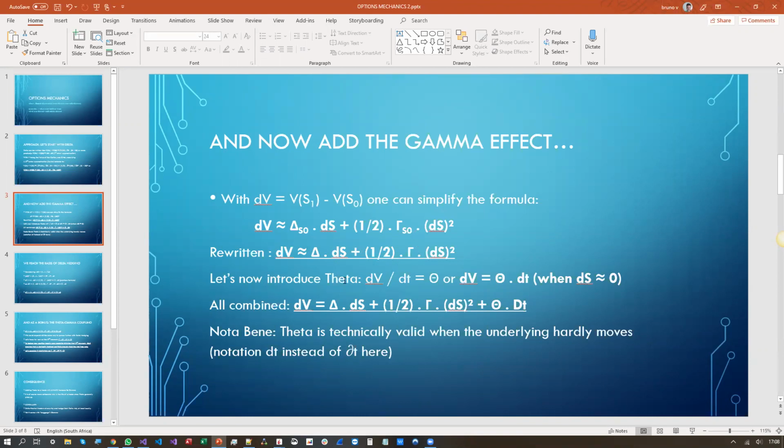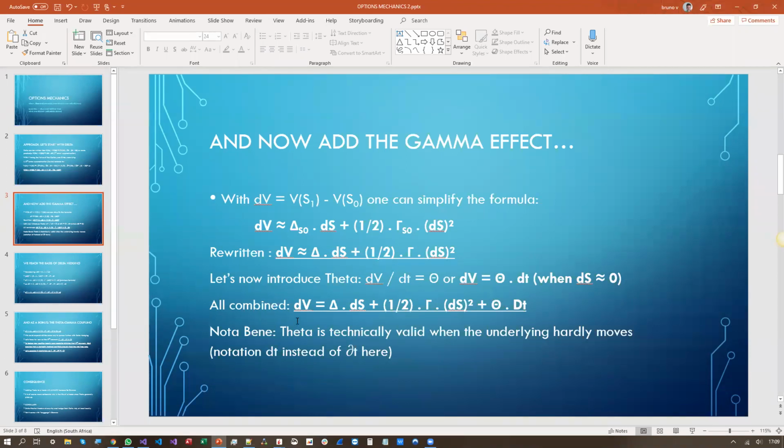If we introduce theta, being the derivative of the price of an option with respect to time, so dV equals theta dt, then we combine it all. The difference in price close to S0 again is delta dS plus half of gamma dS squared plus theta dt.